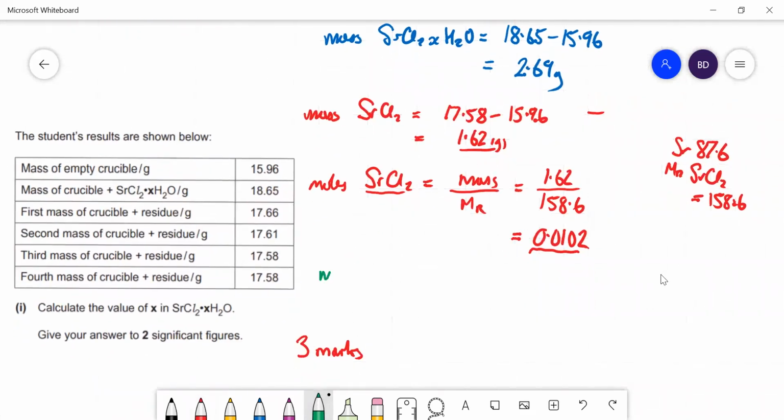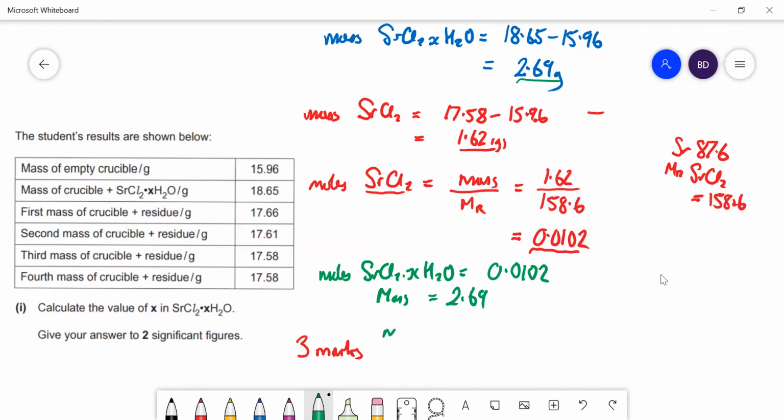So the moles of SrCl2.xH2O is equal to 0.0102, and the mass of that stuff, we do know the mass. We worked it out there, 2.69 grams.